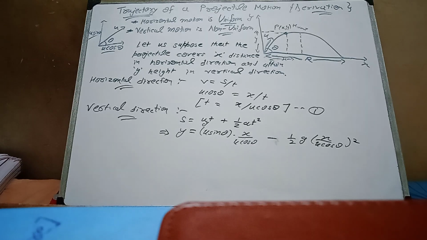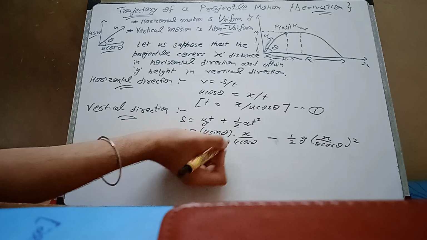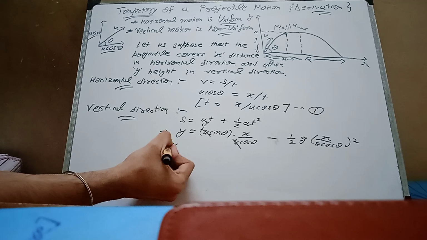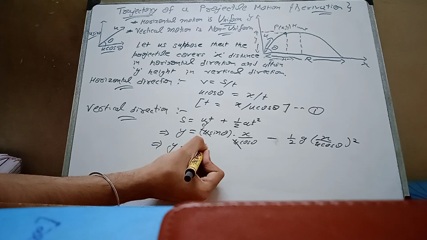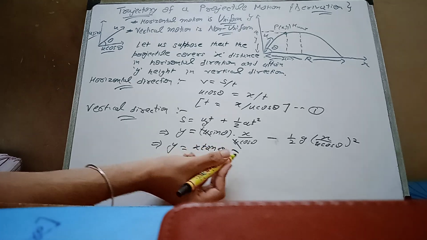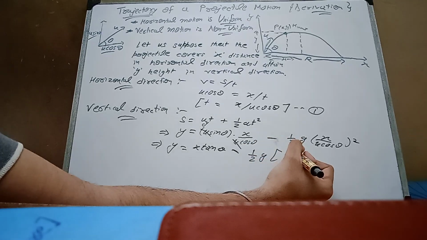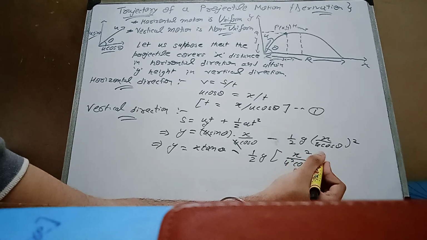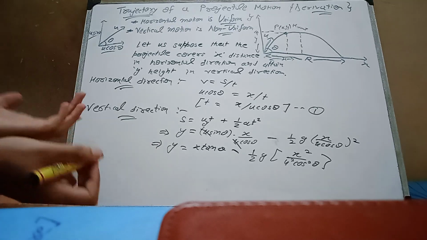Is it clear to you? Now we have to multiply or divide and cancel these expressions, simplifying the equations. So y equals x, and sin theta upon cos theta is tan theta, so x tan theta minus 1 by 2 g x squared upon u squared cos squared theta. Is this clear to you? So that's all.